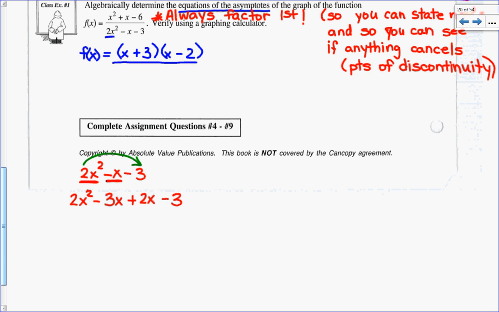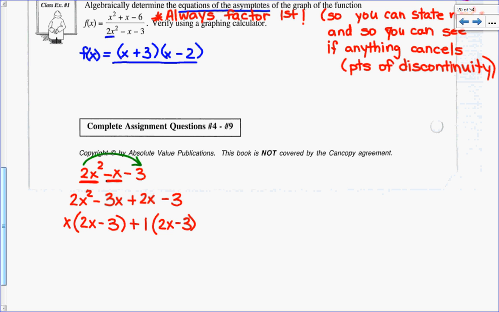Now, if you remember, I'm going to group the first two terms together and the last two terms together. I'm going to factor out any common factors that I see. I can factor out an x, so I'm going to have an x times 2x minus 3. And then I've got plus really 1 times 2x minus 3 again. I know I'm right if I have both of those factors matching each other.